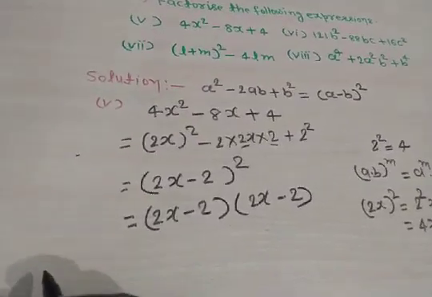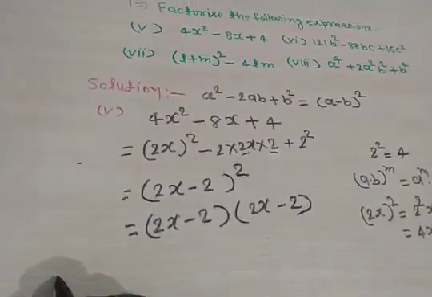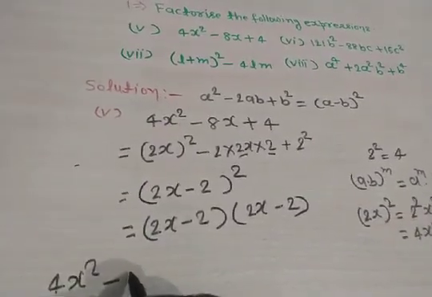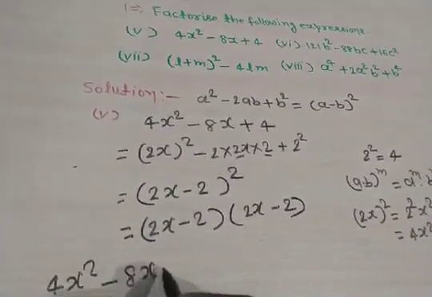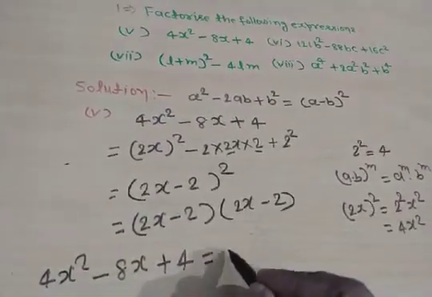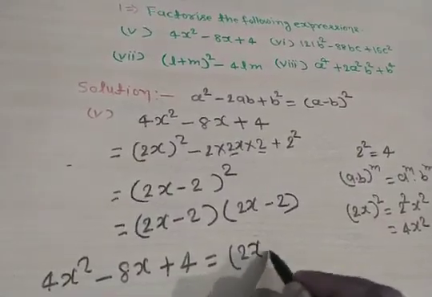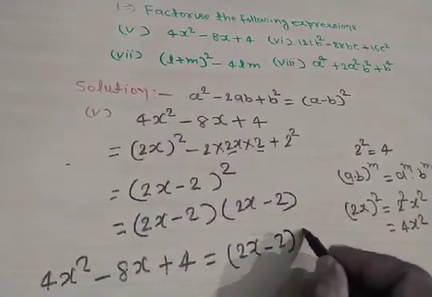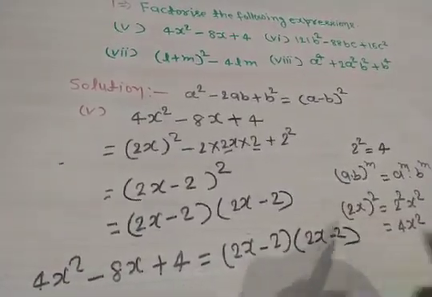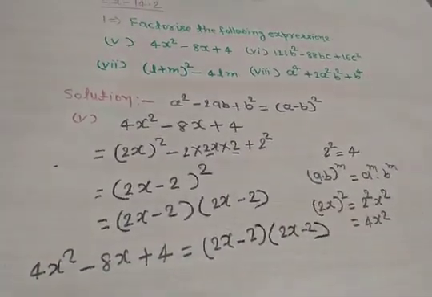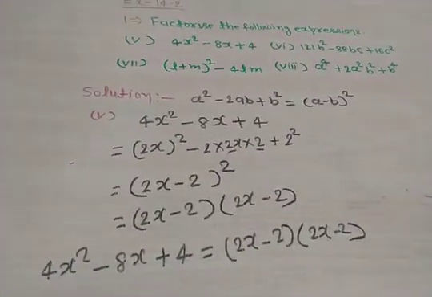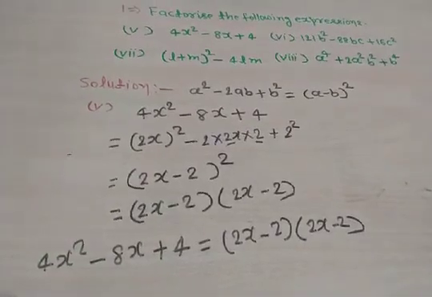So you can write the factors of 4x square minus 8x plus 4 are 2x minus 2 into 2x minus 2. Clear?